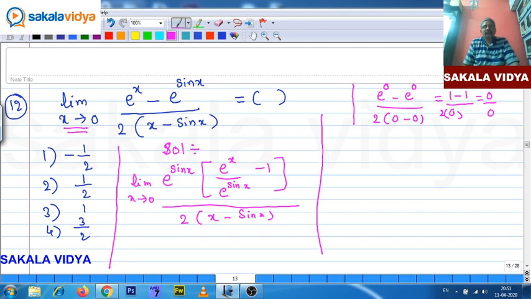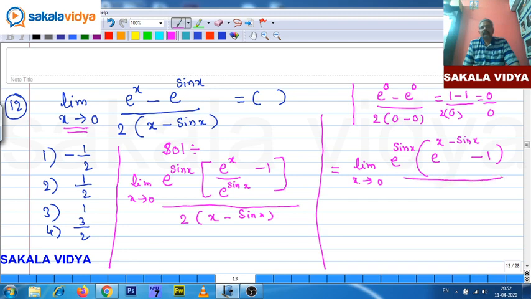The next step we get like this: limit x approaches to 0, e power sin x into, using a to the power of m by a to the power of n equals a to the power of m minus n, e to the power of x minus sin x minus 1, by 2 taken common, it is a constant, x minus sin x.